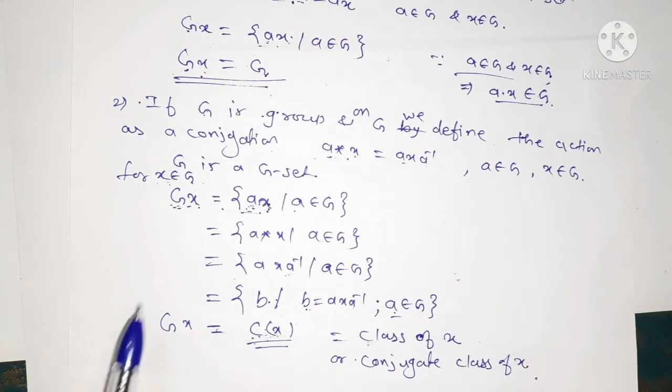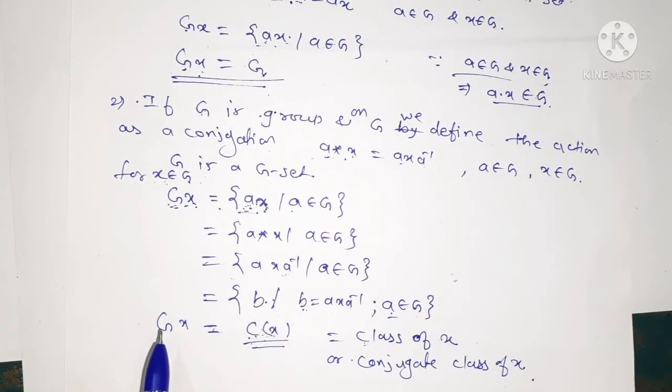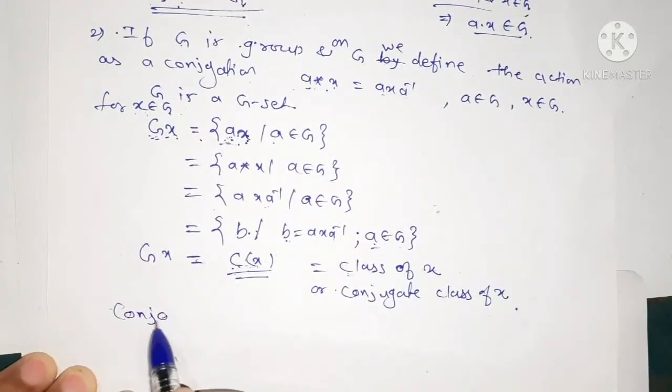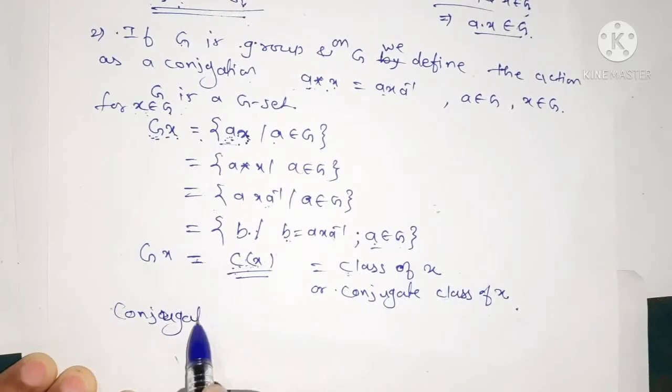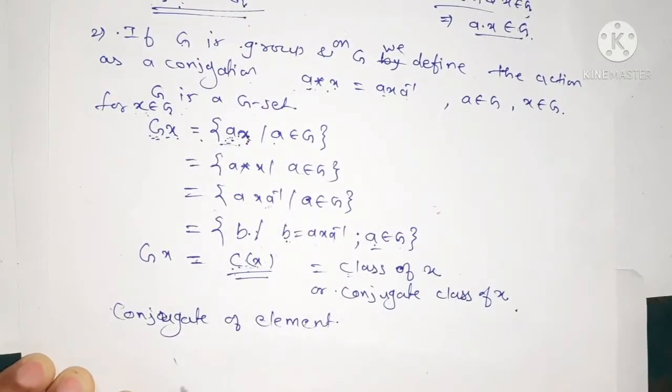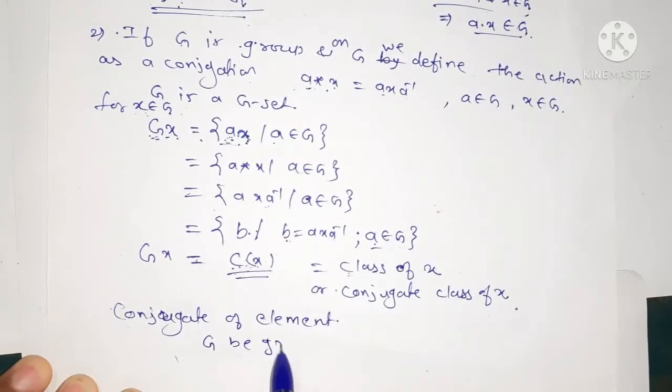Okay, so from this we get a new definition of the class of X and the conjugate element. We see the definition of conjugate class and the conjugate of an element. To define the conjugate of an element, we let G be a group.